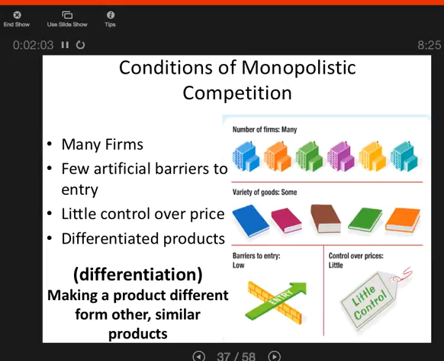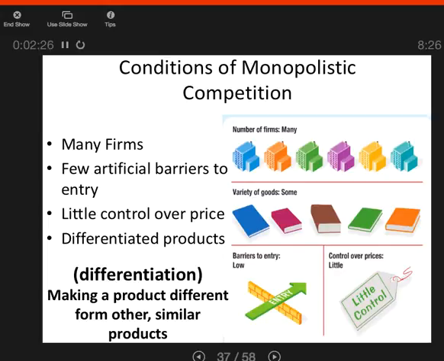And control over price is very low as well, because if one jean company puts the price too high, it becomes elastic and people will look for a substitute. So there is some pricing power by brand usually, but they don't have complete control over prices.